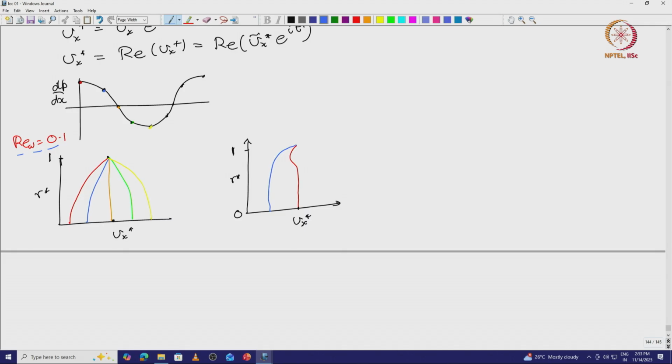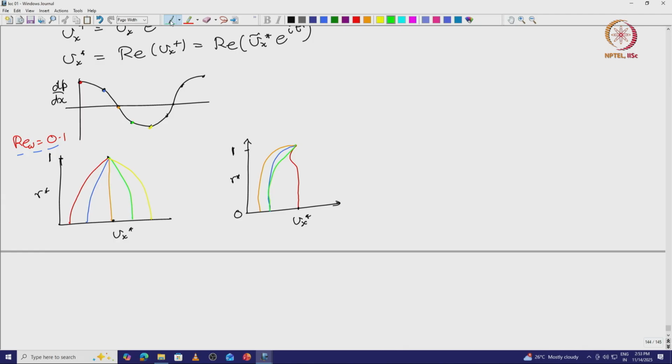And at the point where the pressure gradient is equal to 0, you find that there is the maximum velocity. And then it comes backwards. At this point you get a velocity profile that looks something like this.